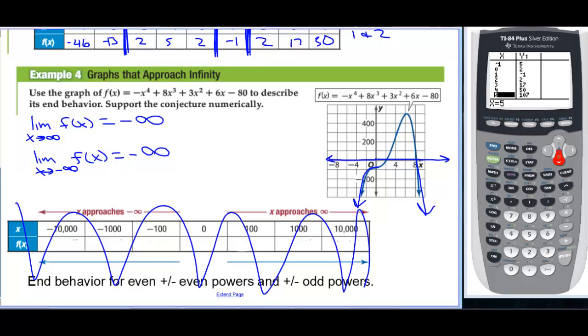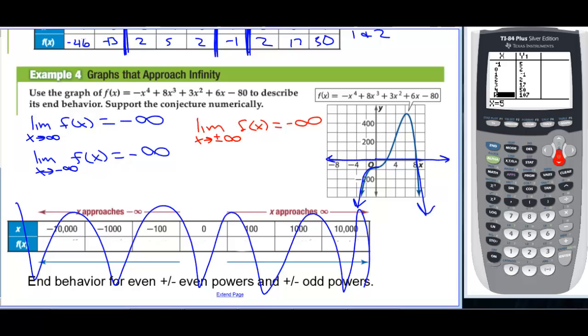So that one's -infinity as well. If you look at the graph and notice that both are -infinity, it's okay to write this. You don't have to write all of this, one or the other. You can summarize it in one statement. If they're different, I want two separate statements.